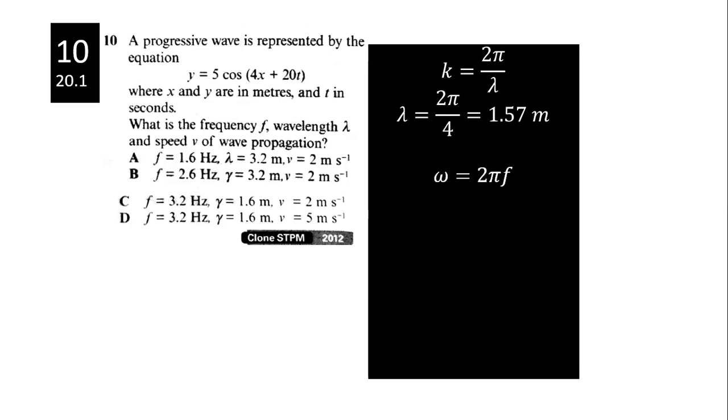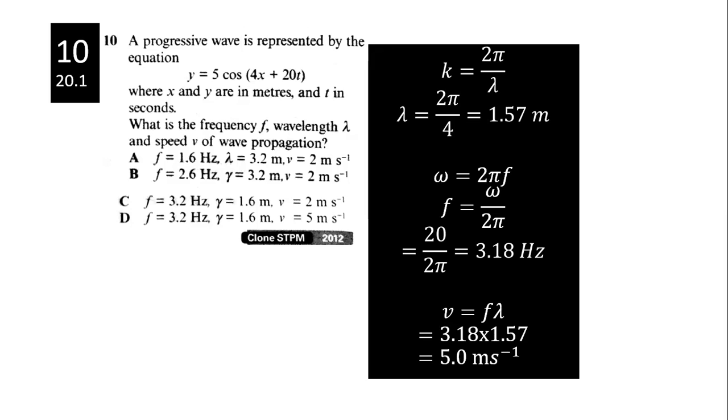Okay, omega is 2 pi f. Right, take the 2 pi down, and omega equals 20. Put it inside there and you get the answer. So how to calculate the speed? V equals f lambda. Right, I'm trying to make you say it out loud, then you can force it into your head and memorize it.